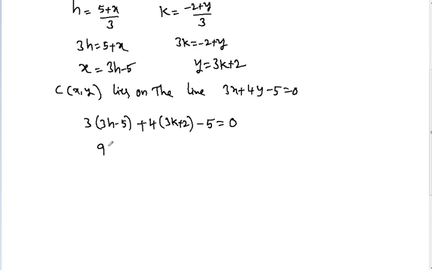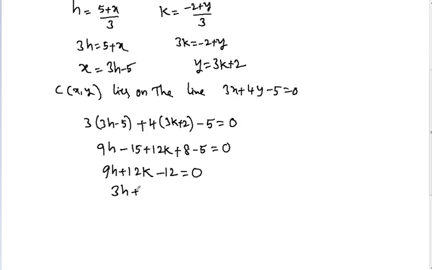That is 9h minus 15 plus 12k plus 8 minus 5 is equal to 0. That is 9h plus 12k minus 15 plus 8 minus 5, that is, minus 12, is equal to 0. Take 3 common, that is 3h plus 4k minus 4 is equal to 0.